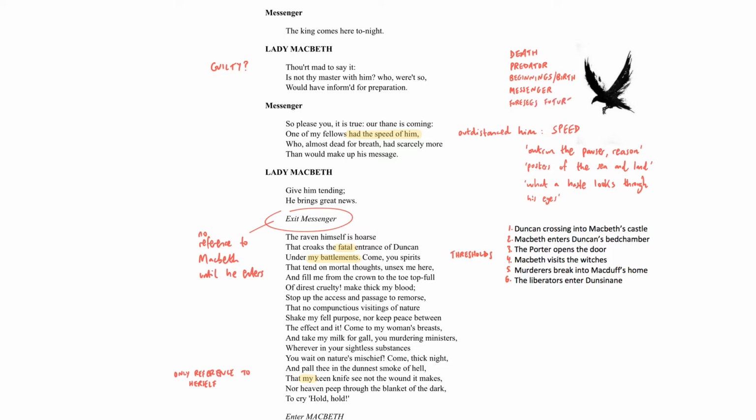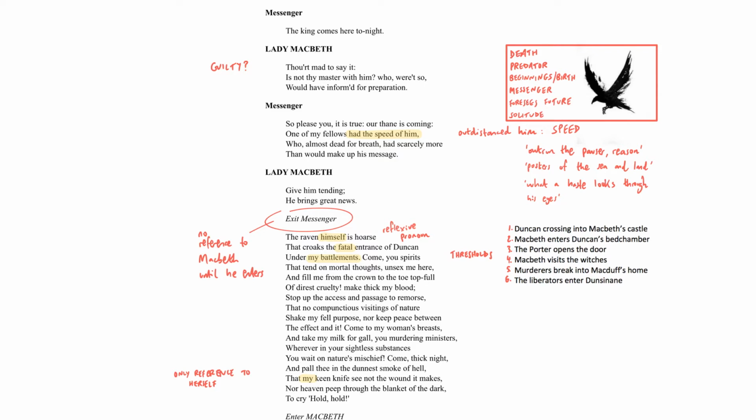Finally, as a solitary bird, the raven in Christian symbolism is also an allegory of solitude. The reflexive pronoun, the raven himself is hoarse, emphasises that even the raven, a symbol of death, seems affected by what it foresees in the future, as if the atmosphere is uniquely dark and evil.